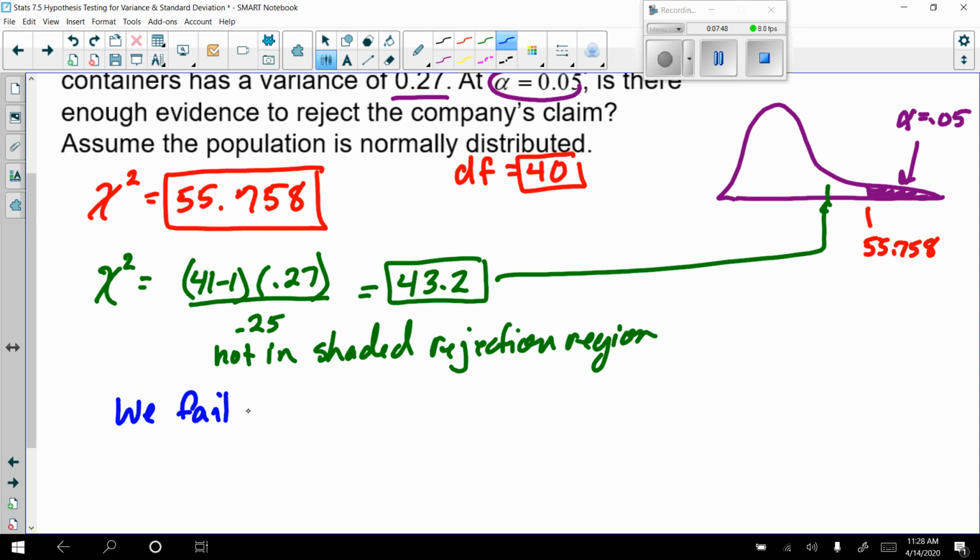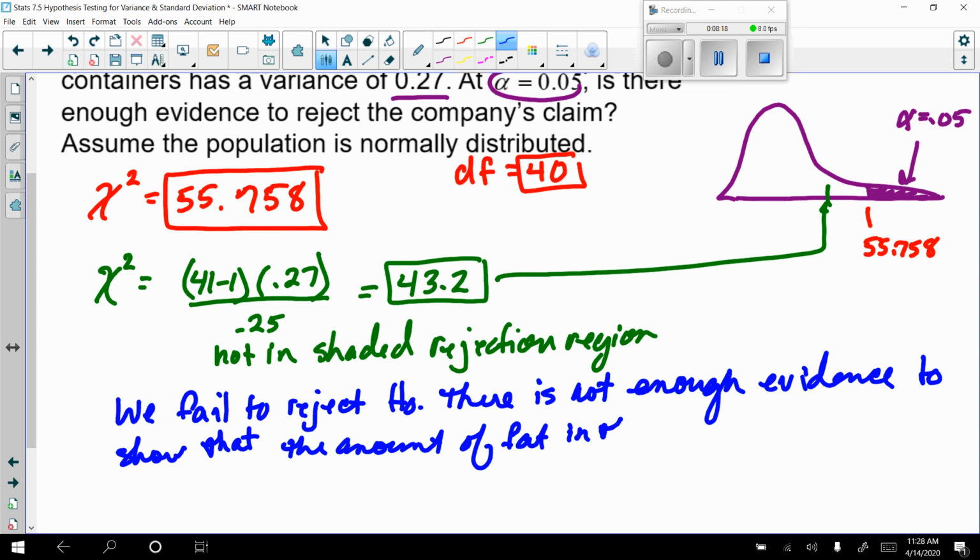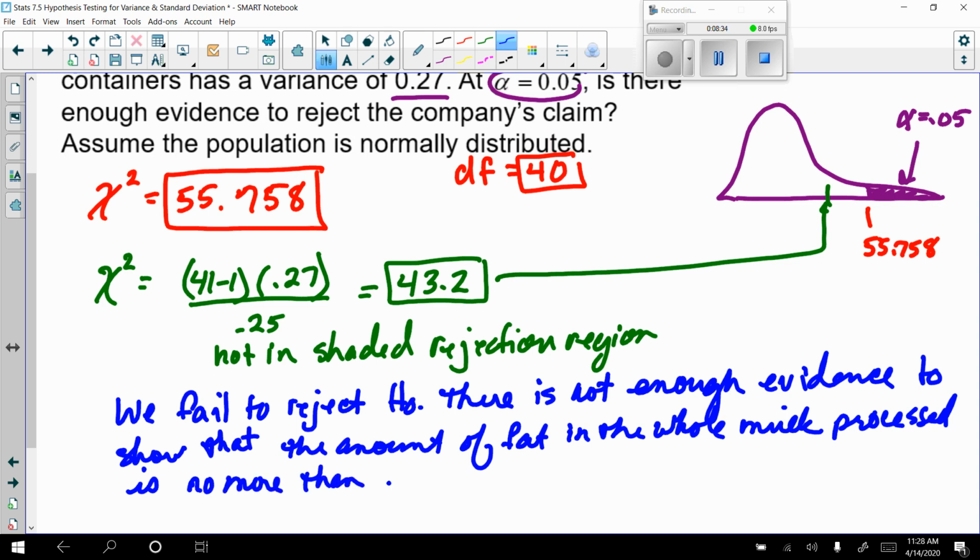We fail to reject; there is not enough evidence to show that the amount of fat in the whole milk processed is no more than 0.25.